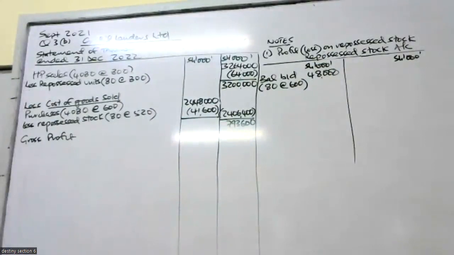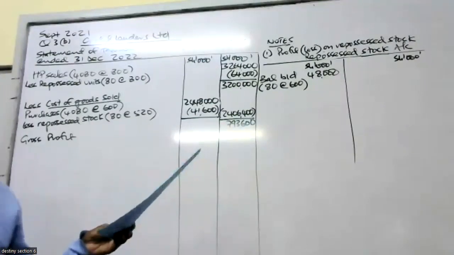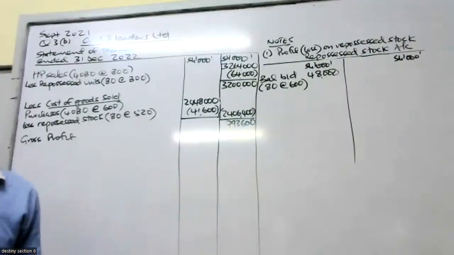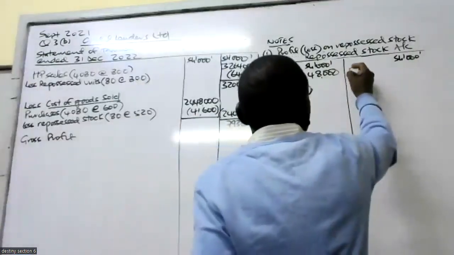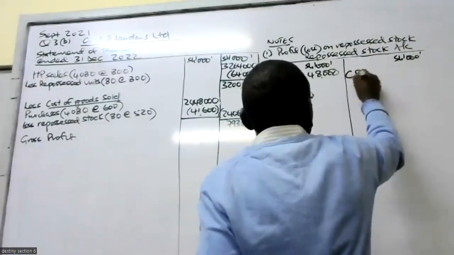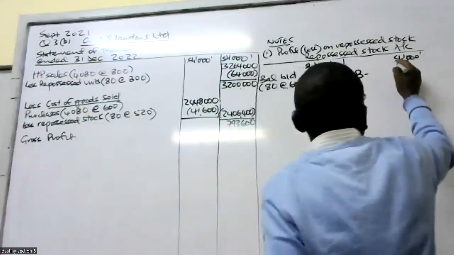But note 4 will give us more information. The second sentence says the customer had already paid 6,400,000 on the item. So that's cash we have received. You debit bank and you credit here.